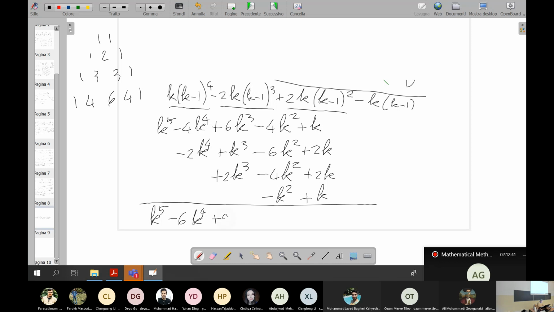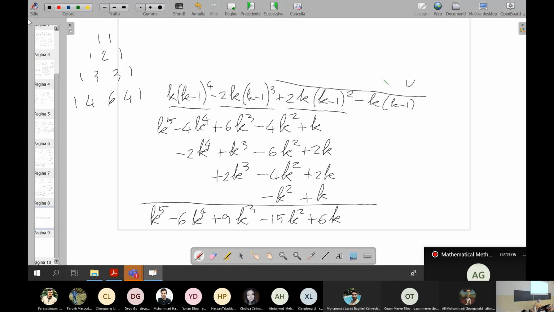10, 14, 15 minus 15k squared, 1, 5, 6 plus 6k. So let's see whether at least our conditions are satisfied.